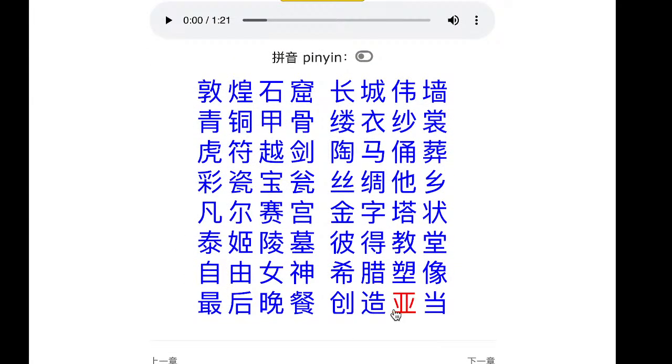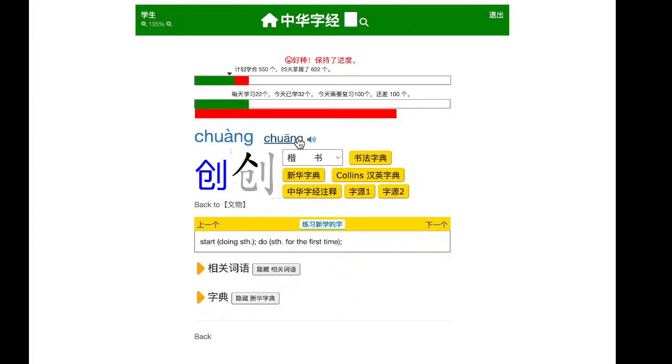Oh yeah, down here is Adam. I think I missed one. This one here, 创. An alternate reading of 创 is chuang, as in 创口, which is like a damage or wound or scar, injury or cut.